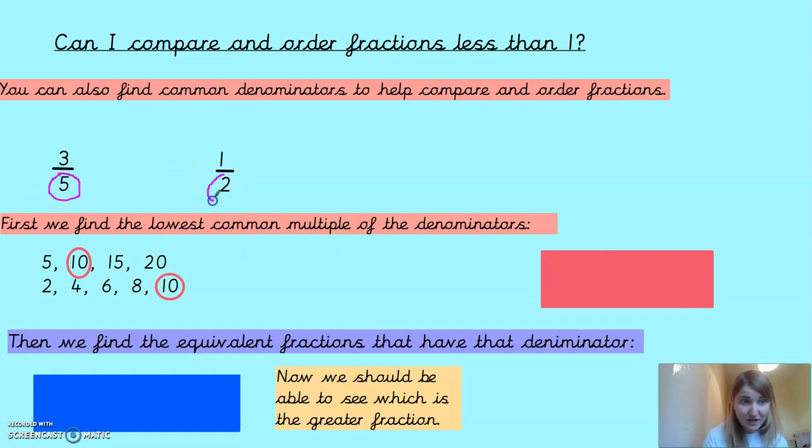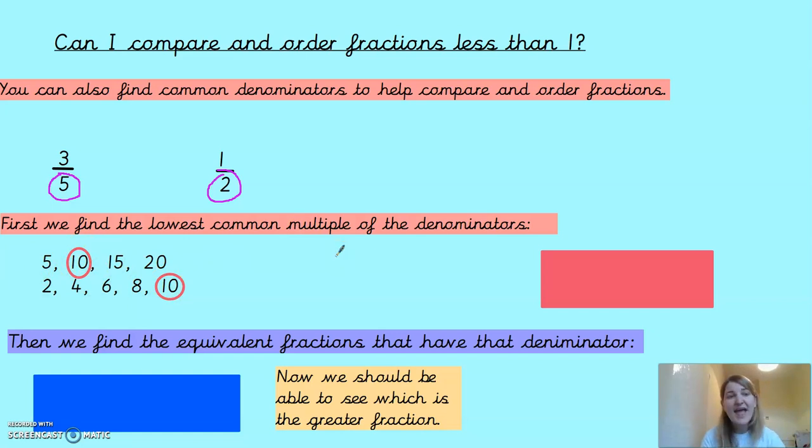So I've got my 5 times tables and my 2 times tables. And what I'm looking for is the smallest number in both of their times tables. Now, if we look, we can see 10 is the lowest number on both of those lists. Can we see that?